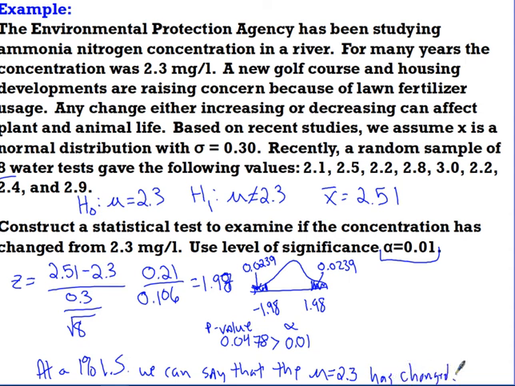Now, that doesn't mean that it has for sure, the population mean that is. That just means this particular sample of 8 could change it. Now, if we would have changed this 0.01 to 0.05 for alpha, whole different result. Now I fail to reject that. In fact, 1% rejection means 99% keeping it around.